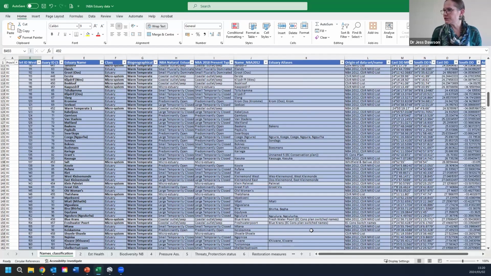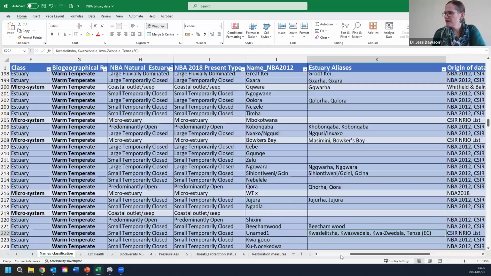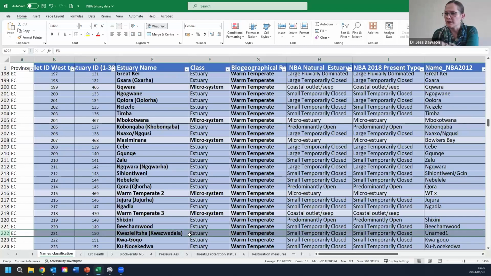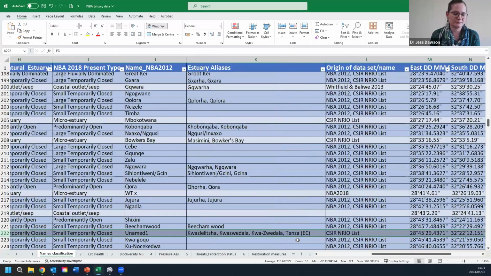So different variations, like, let's find one. So that might just be spelling, but this estuary has one name and 4 different aliases. It's the same as the Tugela estuary.